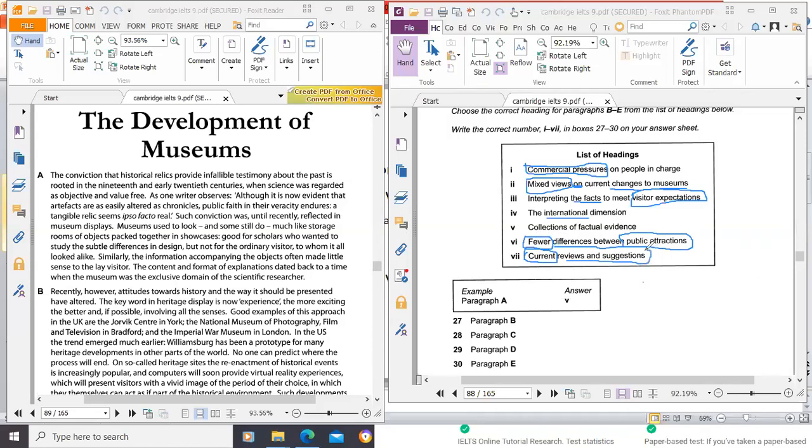But the key thing here is reviews and suggestions. Current is just something I want to look out for. It means it is of recent, not in the past. Okay, so having done that, I'm going to change this and annotate.